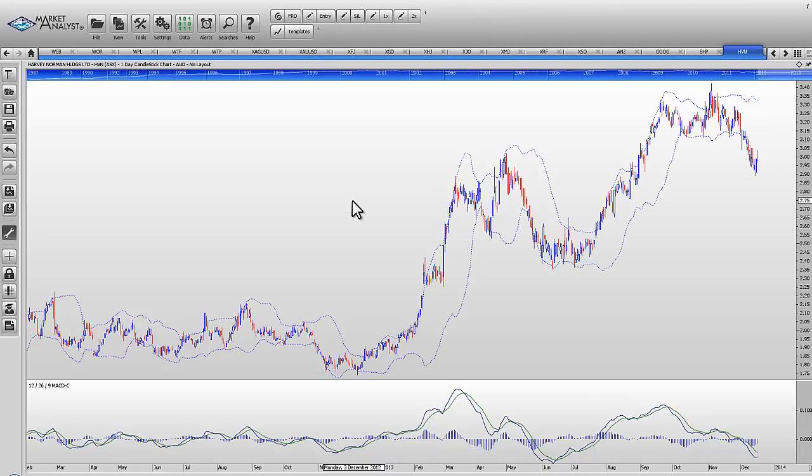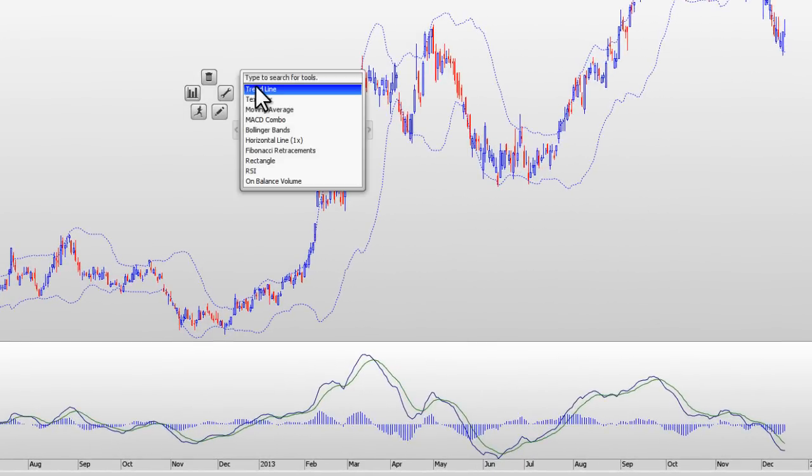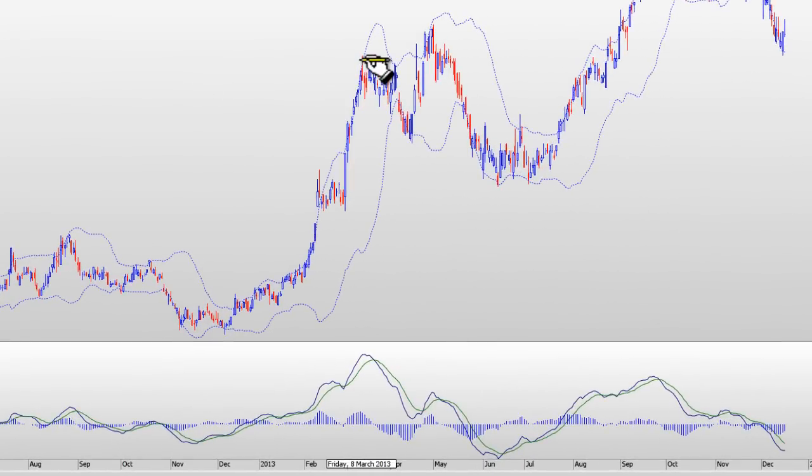Let's have a look at it in the reverse direction, either as a signal to get out of a stock if you had bought it, or if you are looking to short sell a stock, then this could be a signal to do that as well. So in this case, you can see we've got the price forming a higher high, but we're not getting confirmation from the MACD.